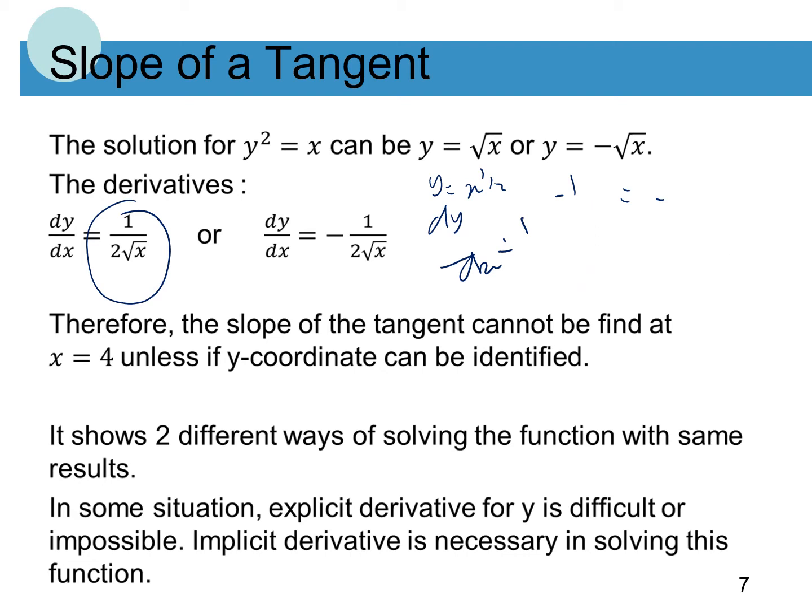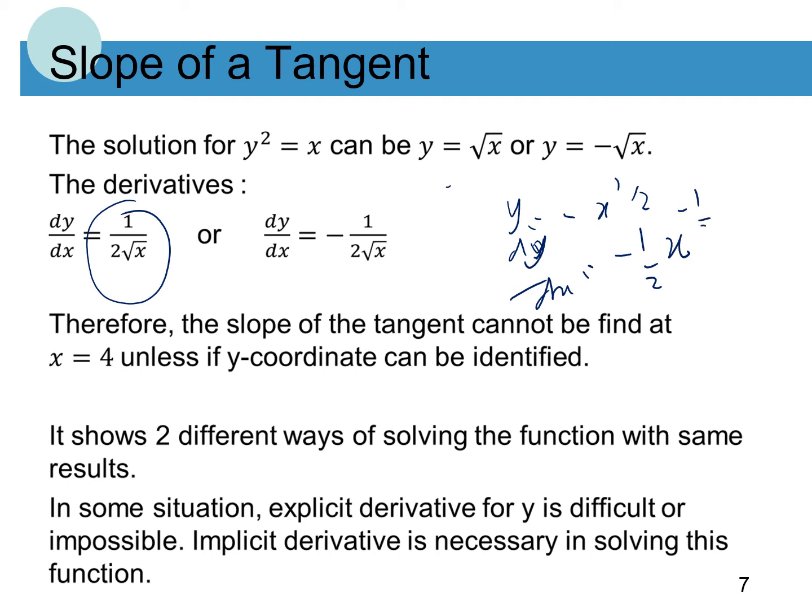Then the second one, we also find that when y is equal to negative square root x, sorry, y is equal to negative x power 1 over 2, therefore dy over dx is equal to negative 1 over 2 x power negative 1 over 2, which is also equal to negative 1 over 2 square root x here.